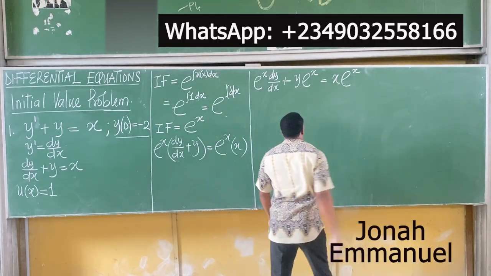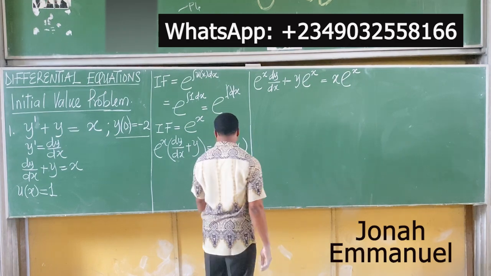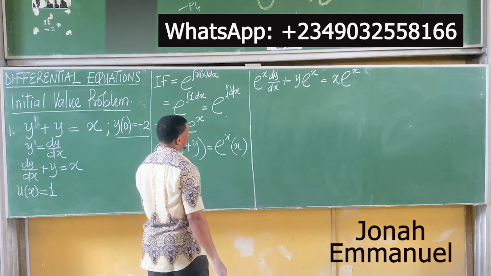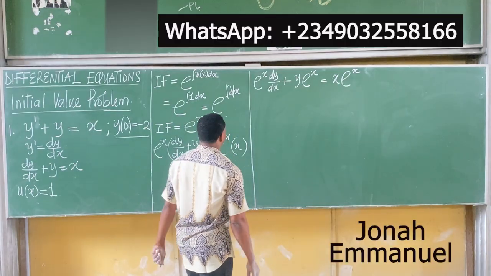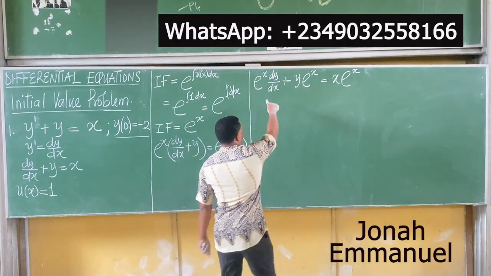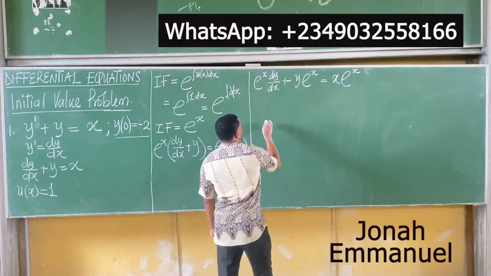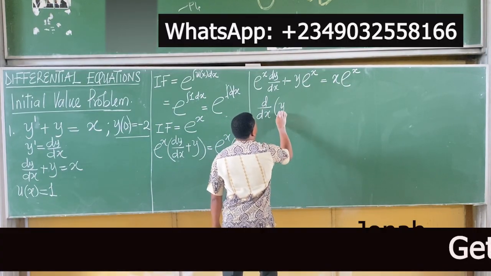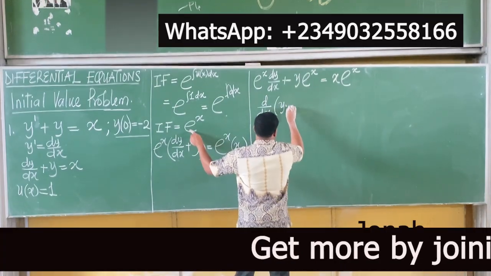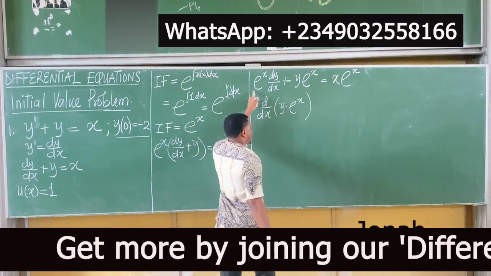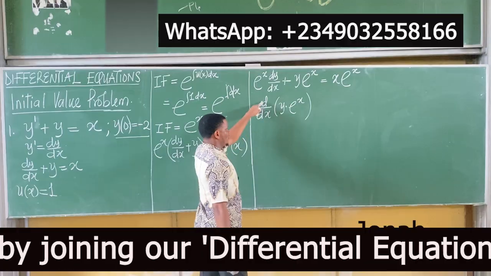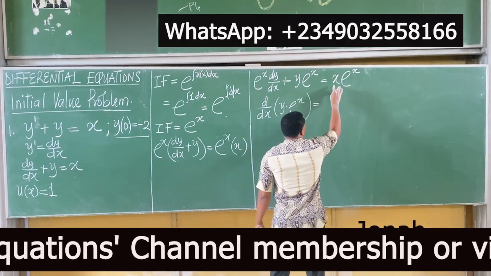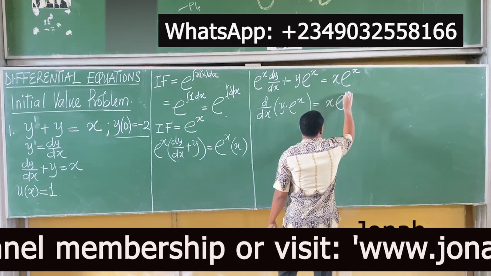So we said the left-hand side would always be equal to d/dx of y times the integrating factor exponential x. That is equal to x exponential x on the right.